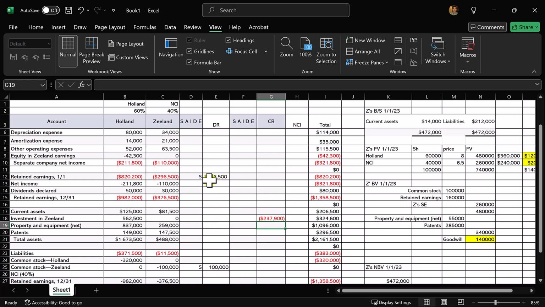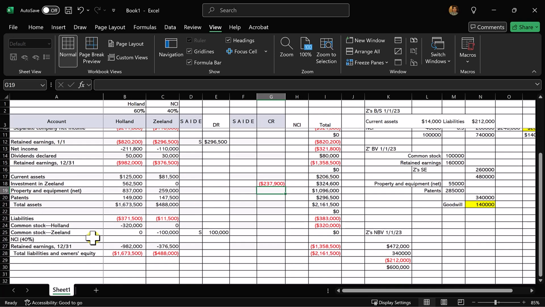And I need a 40% now going into this new row I've set up. Remember, this is not really an account. It's just a row on our consolidated worksheet and financial statement. In fact, let me copy the formula down here, and we're going to put in that 40%.